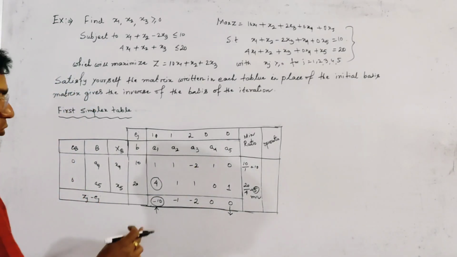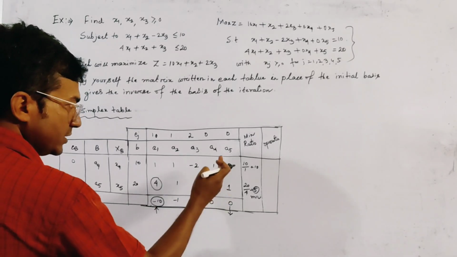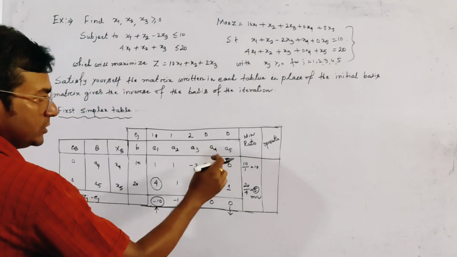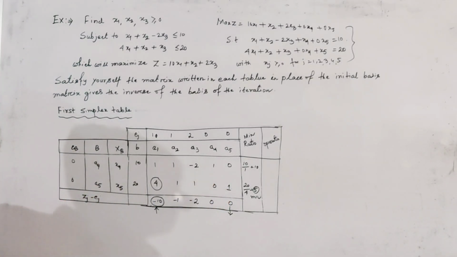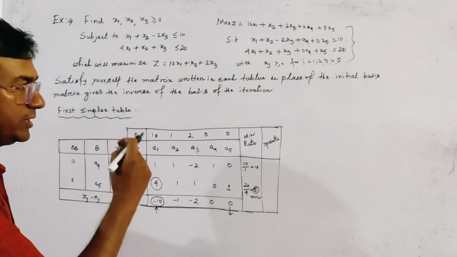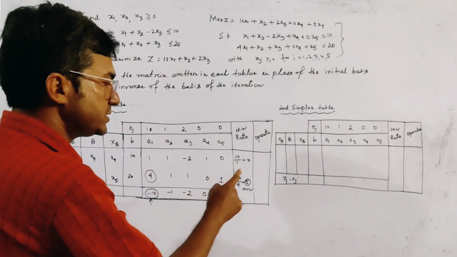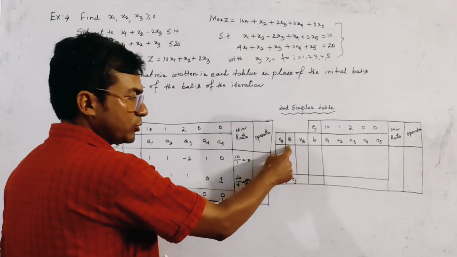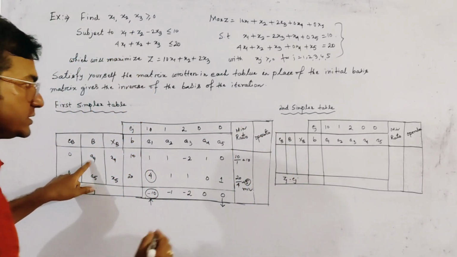So we introduce a1 in the basis and automatically a5 is out of the basis. Now to go to the second simplex table, we first fill the basis vector column, that is the column of B. The column of B is A4.